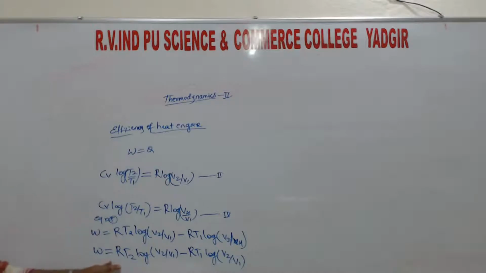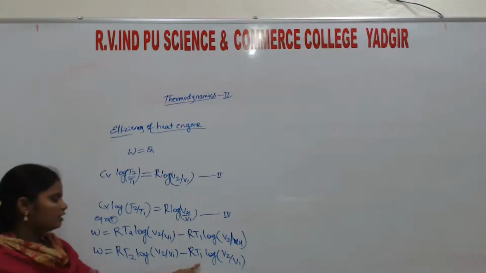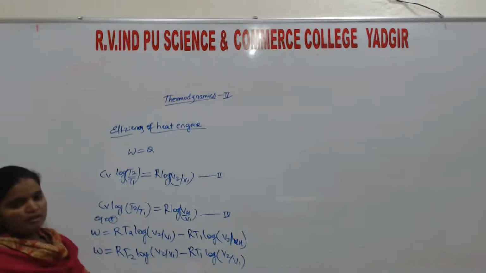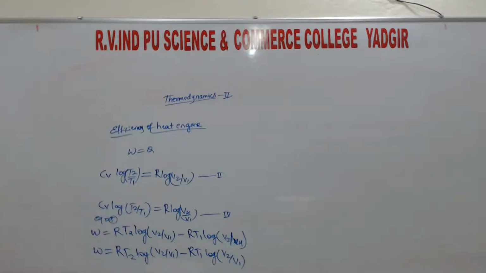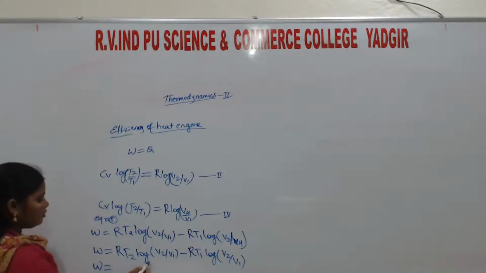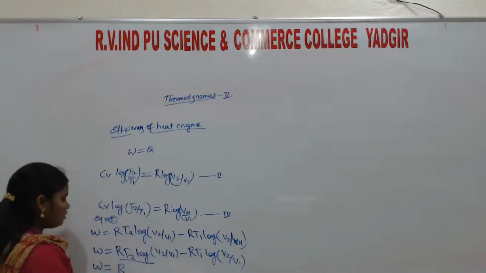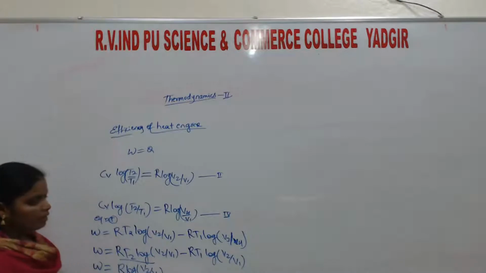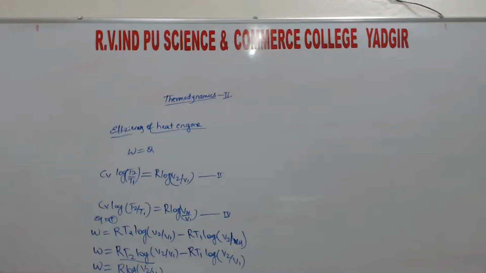Here you have RT2 log V2 by V1 minus RT1 log V2 by V1. Taking R log of V2 by V1 outside, the remaining is T2 minus T1. Therefore, W is equal to R log of V2 by V1 into T2 minus T1.